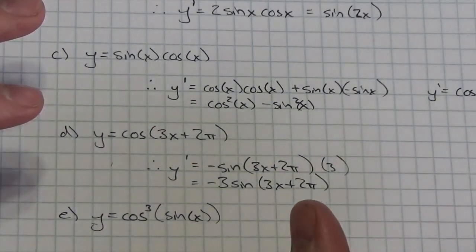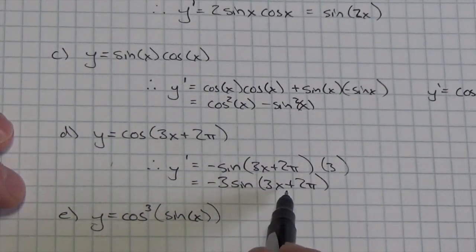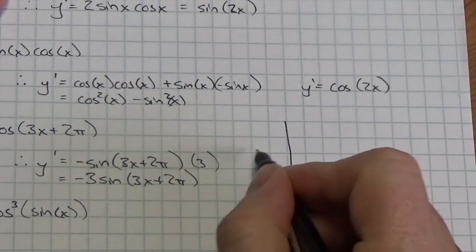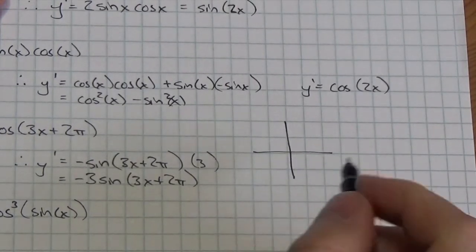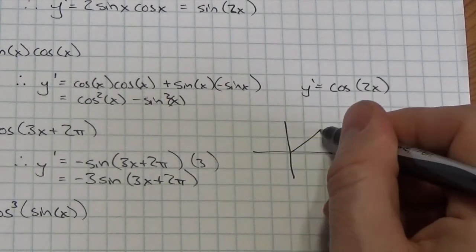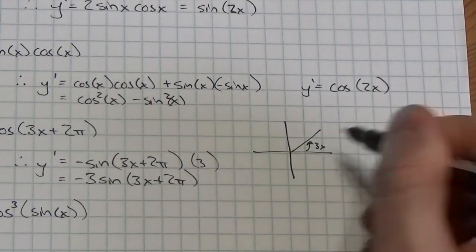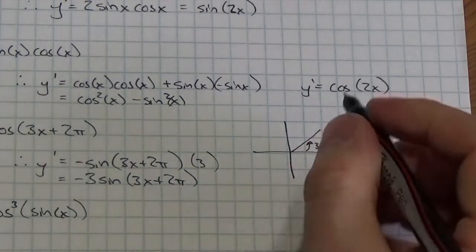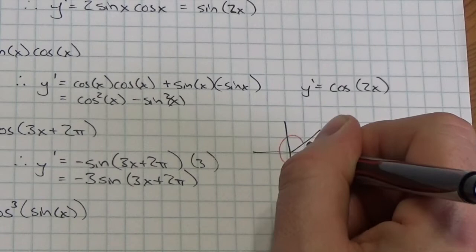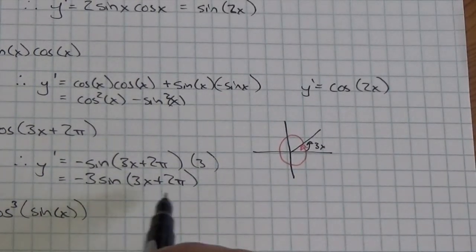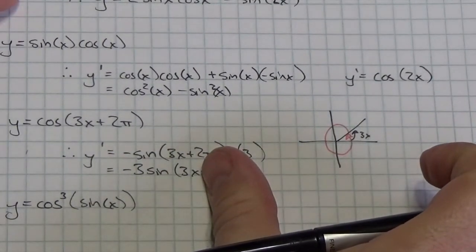Now, I want to talk about what's going on here. Let's just think about what that graph would look like. If I've got my unit circle here, I don't know exactly what angle 3x is. Let's just say that it's out here someplace and that this represents 3x. Okay, whatever. I don't know. But what I do know is that if I add 2 pi to that, I go all the way around the full circle, and that's going to be coterminal to just 3x.